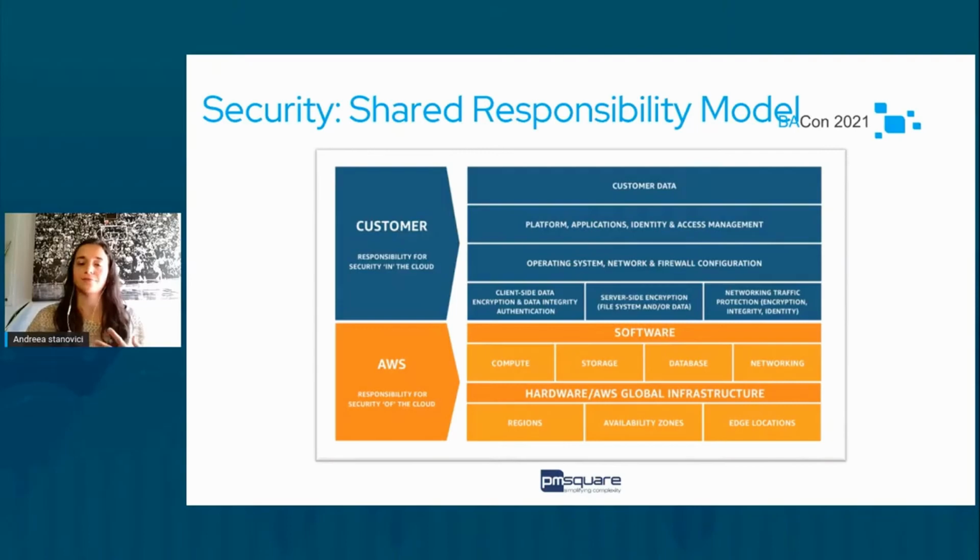However, as I already mentioned, the responsibility shifts a little bit more if you're using managed services, because AWS handles a lot of the security and the encryption of the data within a cloud if it is within a managed service. So that is something that you can take as a load off of the team if you decide to use AWS managed services.